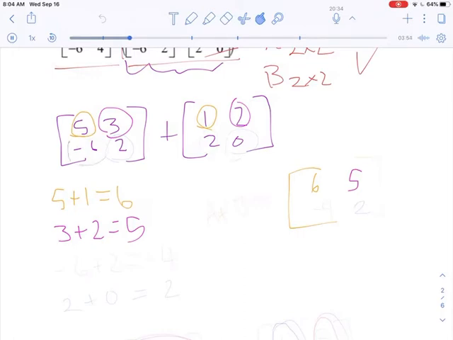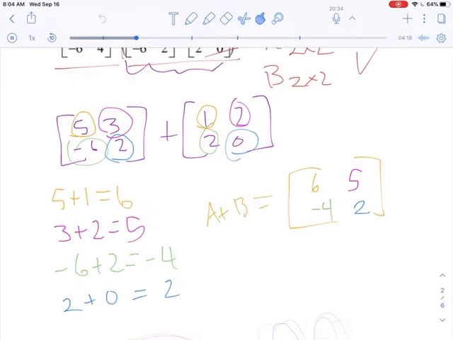Then we'll do the same with the 2/1 elements. Negative 6 plus 2 gives me negative 4. That will go here. And the same with our 2/2 elements. 2 plus 0 gives me 2. There's my answer matrix for just A plus B.